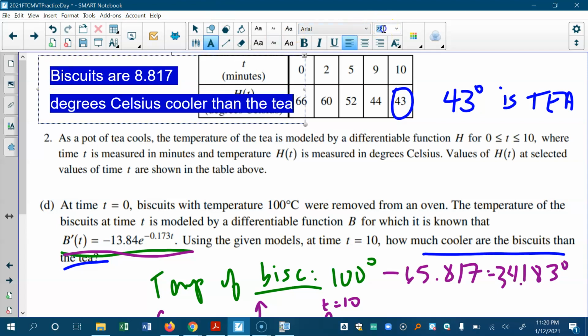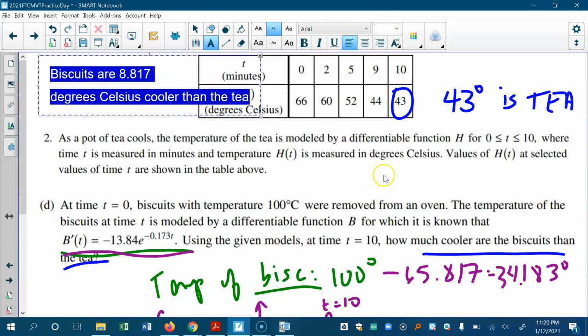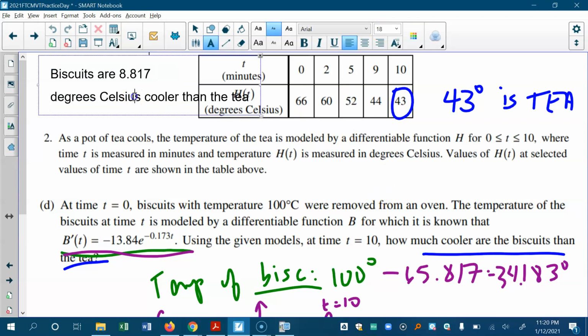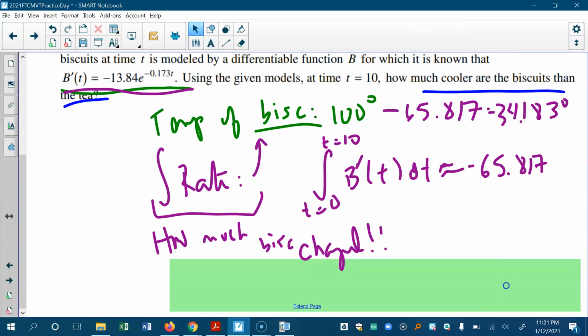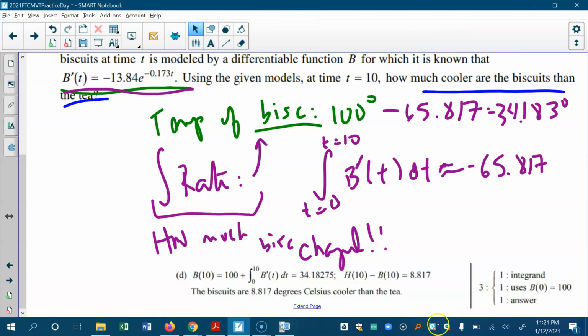And that is your answer for this problem. I'm going to go and check that we got it right. And the final answer that AP provided us with is the same exact thing.